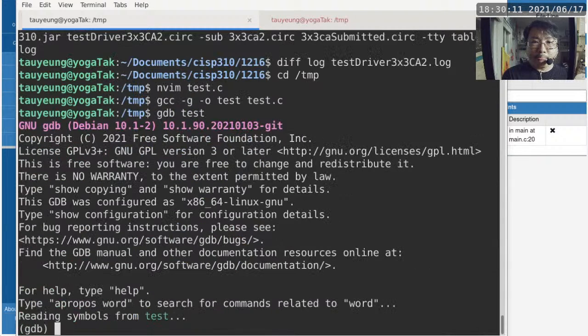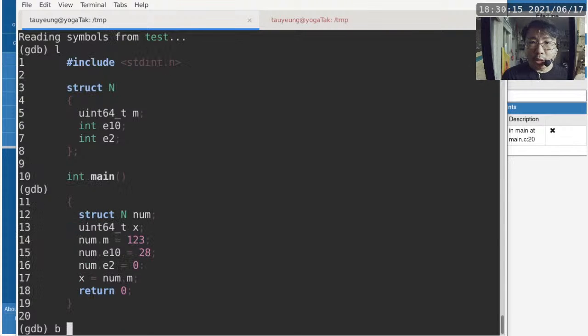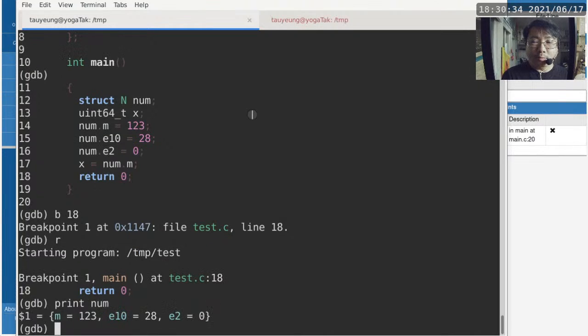And then we want to put a breakpoint. Oh, the syntax highlighting is making the equal symbol really hard to see, but that's not going to be a big issue because we are not going to refer to the program much. So we'll put a breakpoint on line 18, run the program, and print num. There we go. Yes. So I can now trick the compiler to keep everything around.